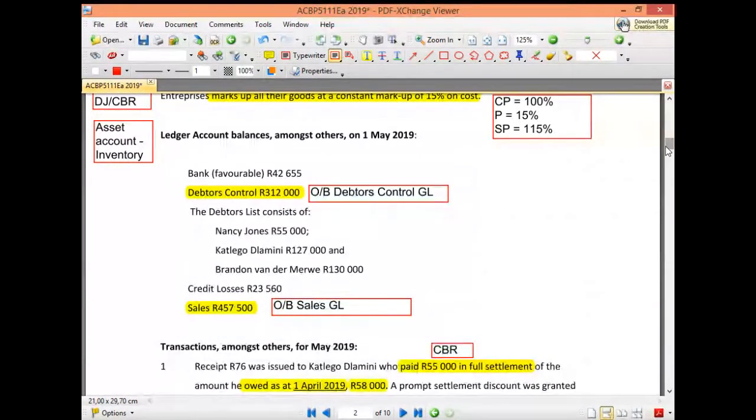Now I told you what this might mean is that we will need to take some of this information later on. Now, because Nancy went insolvent, this information here would be relevant in doing the calculation. So I would know what her opening balance is, and then I would have to adjust for the information based on what happened during the month to work out what is the outstanding value.